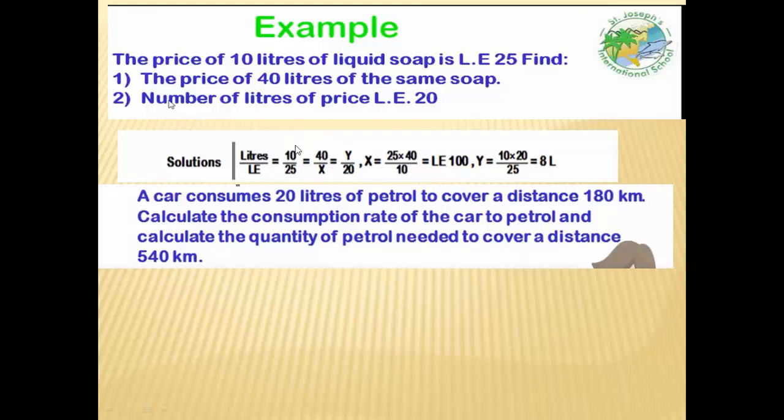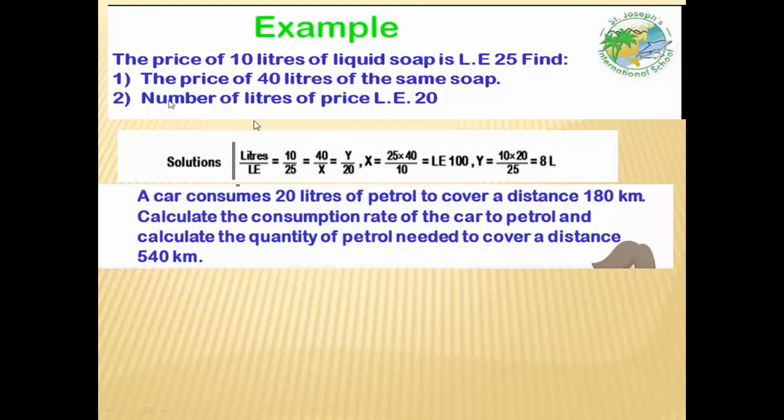Then we can use the property of proportion to find the value of x. 25 times 40 by cross multiplication over 10. After we calculate, the final answer equal 100 pounds. Then 10 liters equal 25 pounds, so 40 liters 100 pounds.